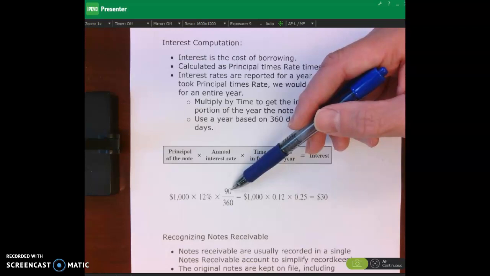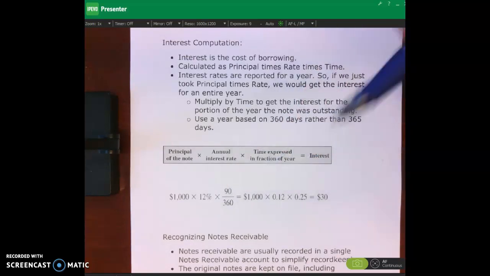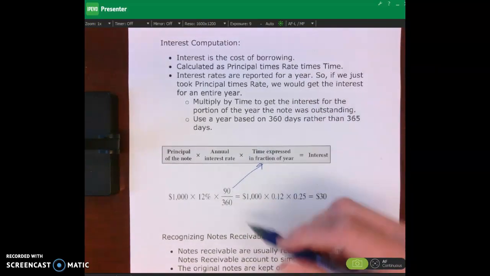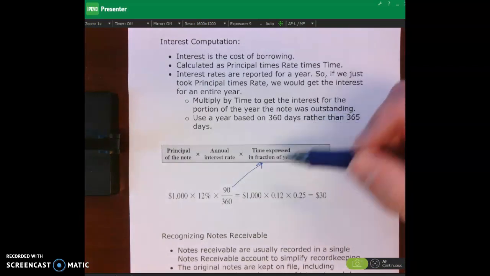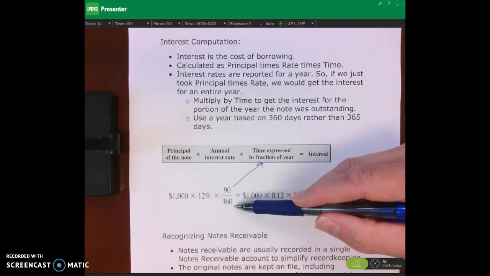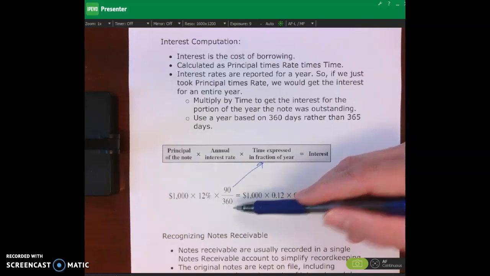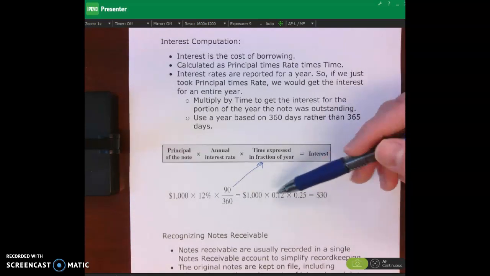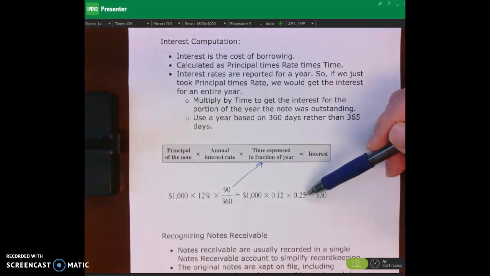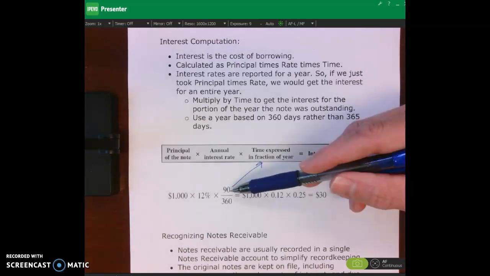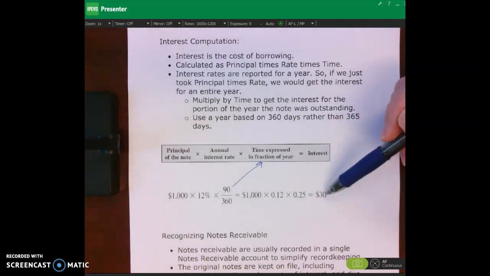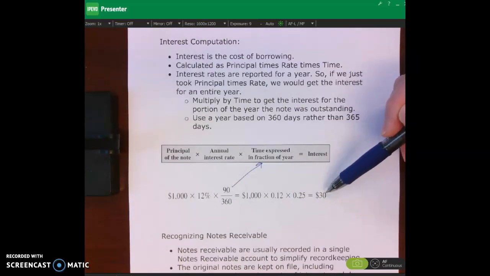She's going to pay us in 90 days. So then we have to take the fraction of the year, which in this case is 90 divided by 360. Remember, we use a 360-day year for interest calculations. So it's our 1,000 times 0.12 times 0.25, since 90 divided by 360 is 0.25, which gives us $30. So this would be our interest revenue, $30, okay?